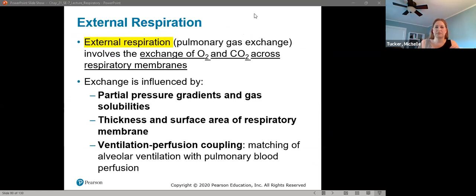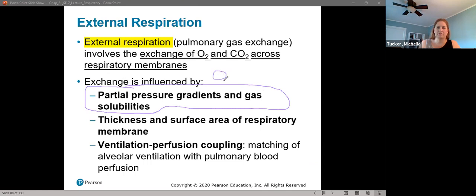For external respiration, looking at the exchange between the alveoli, where atmospheric air has made its way, and the blood, which occurs at the respiratory membrane, the primary influences are partial pressure gradients and gas solubilities.